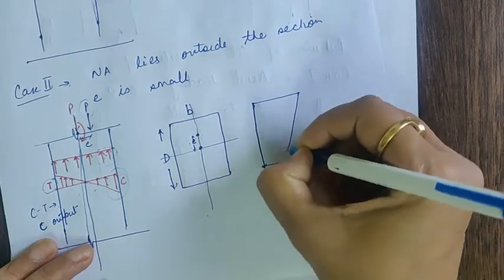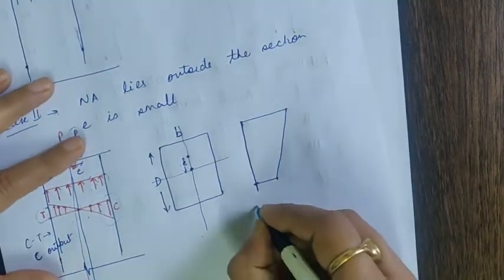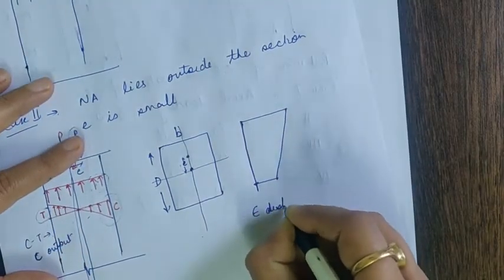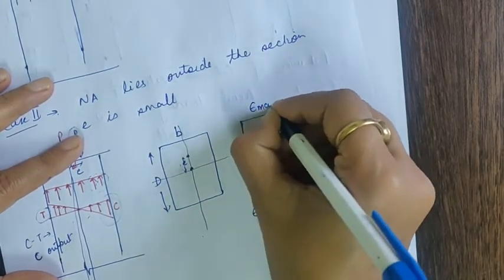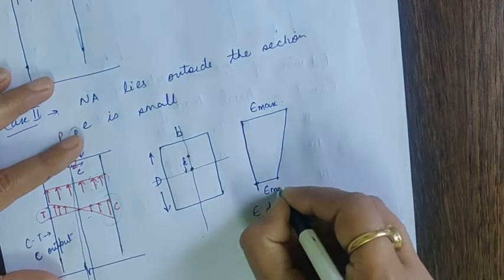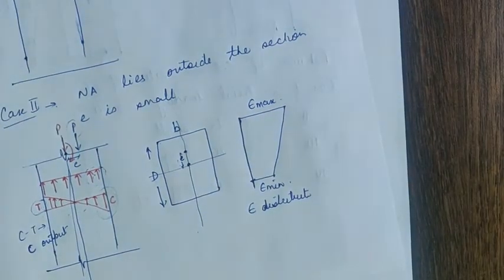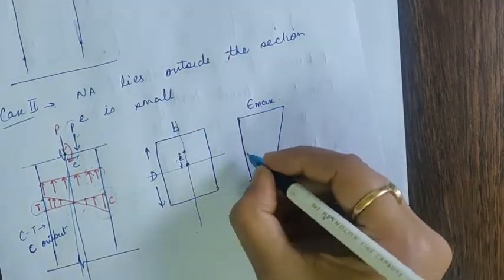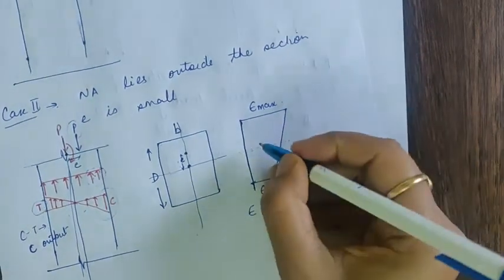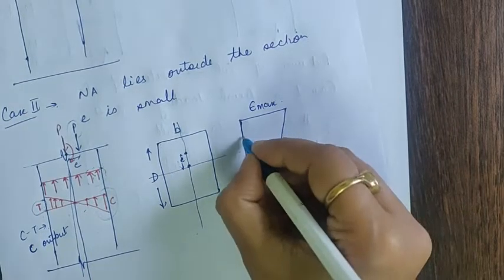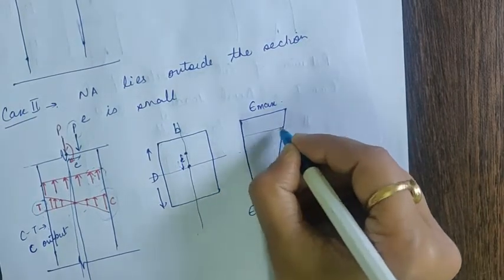So we are talking about this particular case. This is the strain distribution. On this side we have maximum strain, on this side we have minimum strain. Is it okay? And we will have a strain value of 0.002.